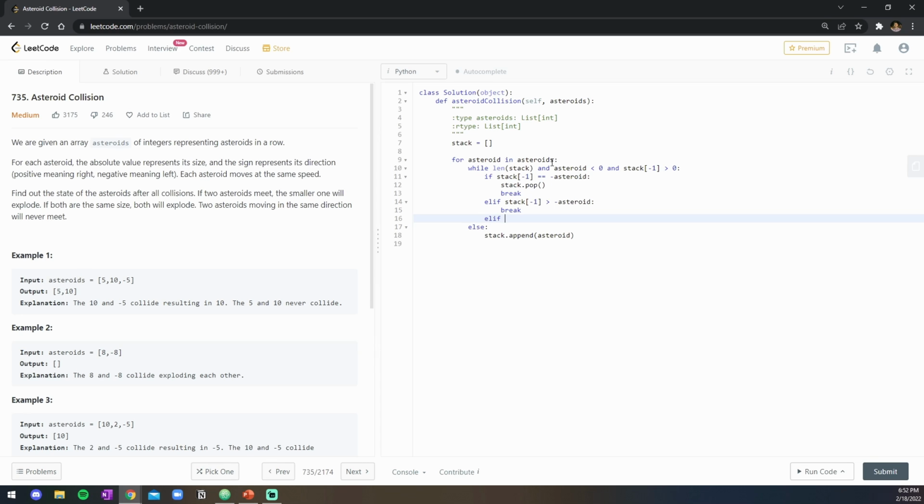And the last case is where you're again looking at the value at the top of the stack, but that value is less than the negative of the asteroid. And this is an example when, let's say, you have 5 at the top of the stack, and an incoming value of -10, for instance. One, you need to do a negative for that value, but then when you compare, you know that you should pop the value at the top of the stack and insert the incoming value.